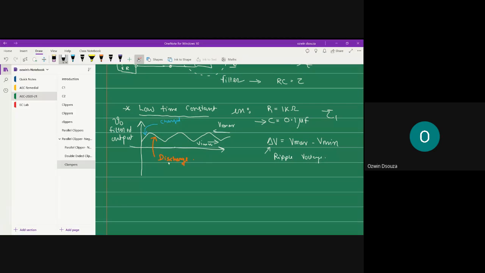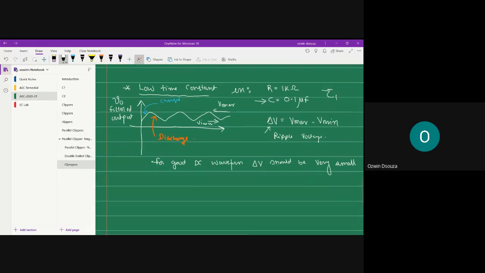For a good DC waveform, this ripple voltage delta V should be very small. So that's how we talk about the goodness of DC.